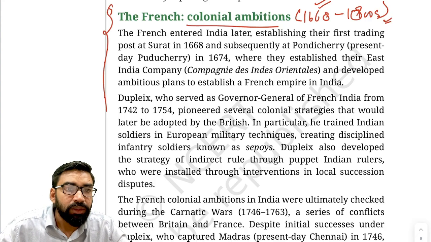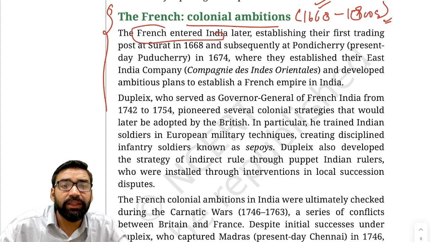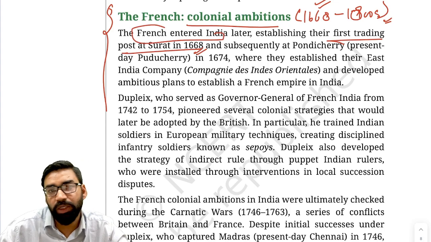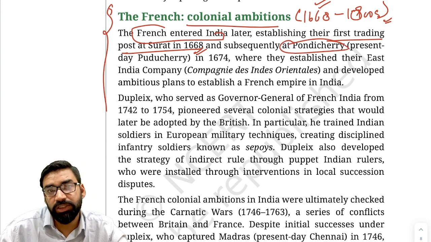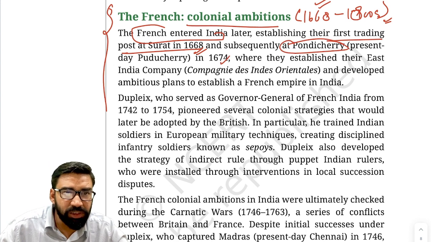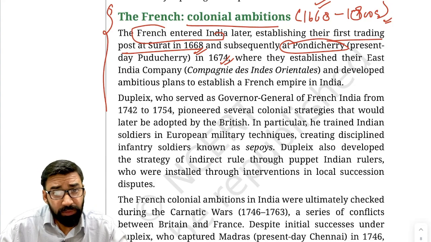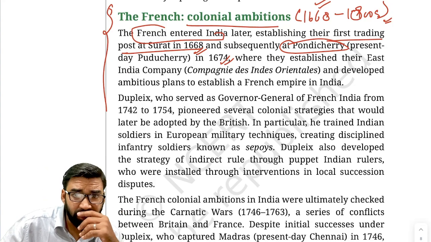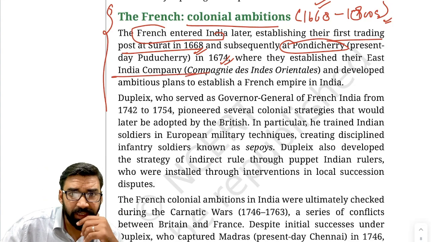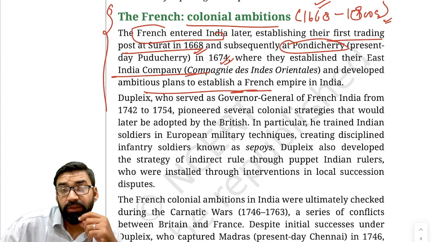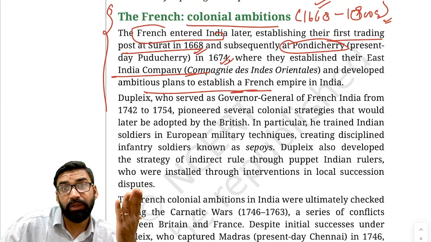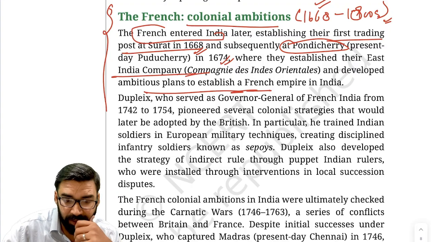So, French entered India later and their first trading post was at Surat in 1668. But their main trading center was Pondicherry, which they established in 1674. In Pondicherry, they established their East India Company and developed their imperial plan to build the French Empire in India.